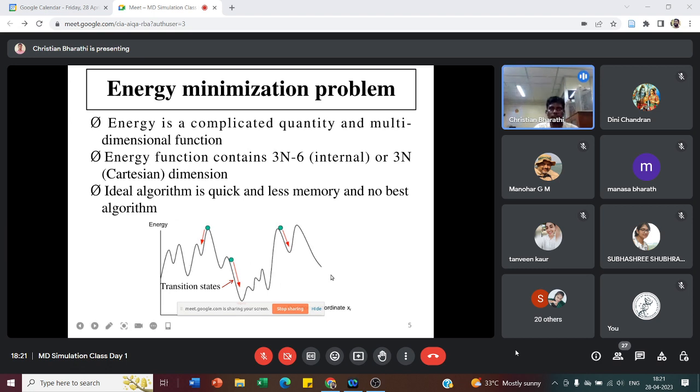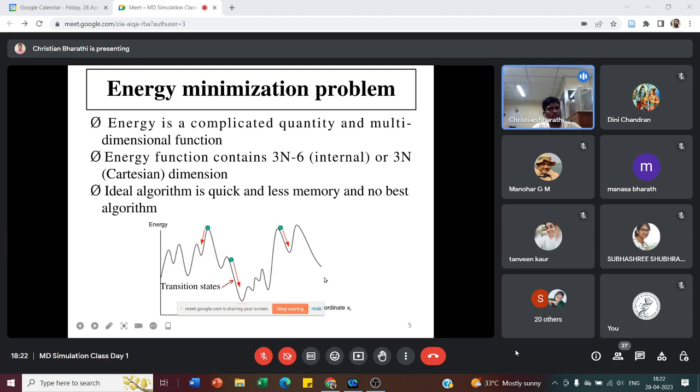So for this molecule, this is the global minimum, and the initial structure has to be here, then only it will reach this global minimum. To reach that global minimum, there are many transition states of energy. So it reaches here.